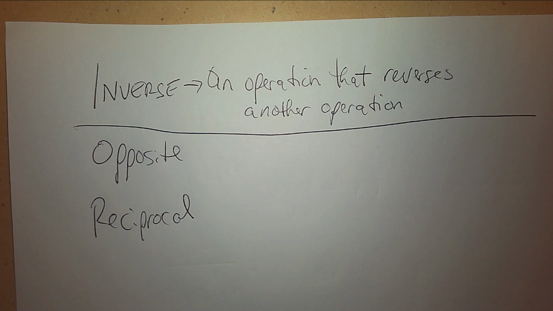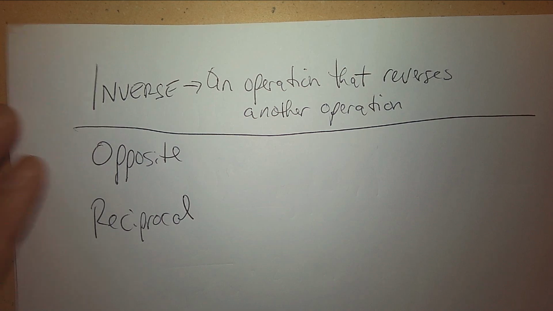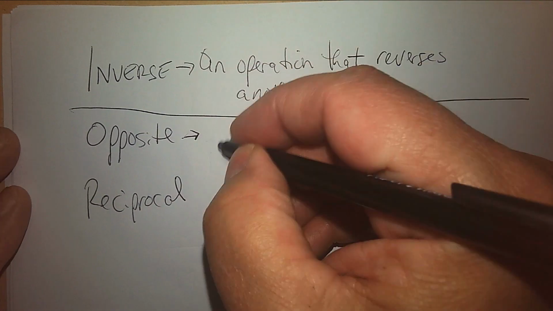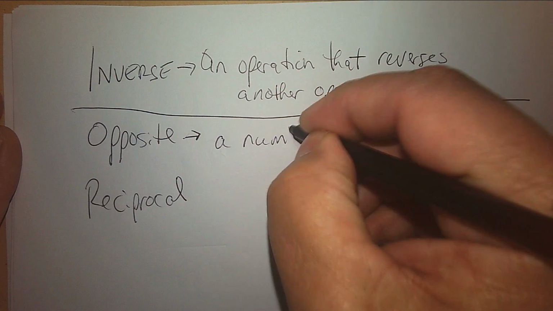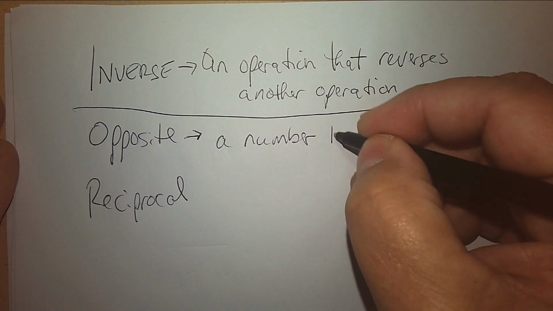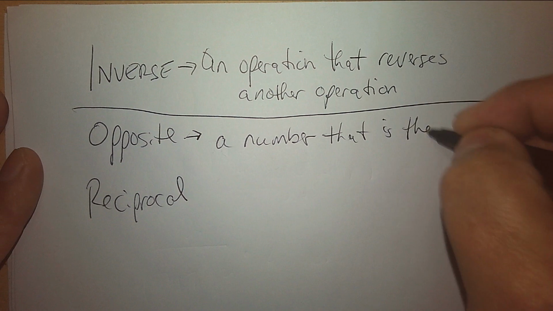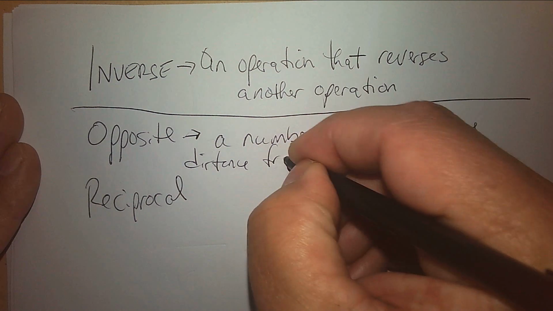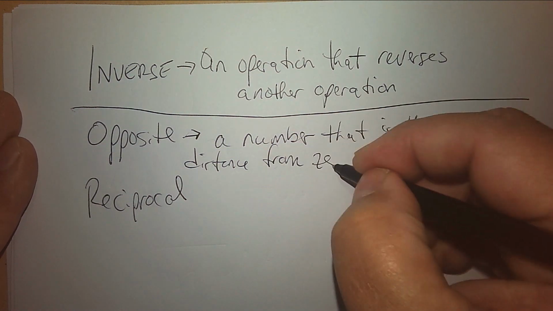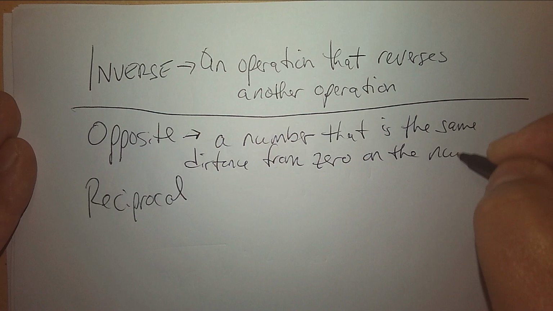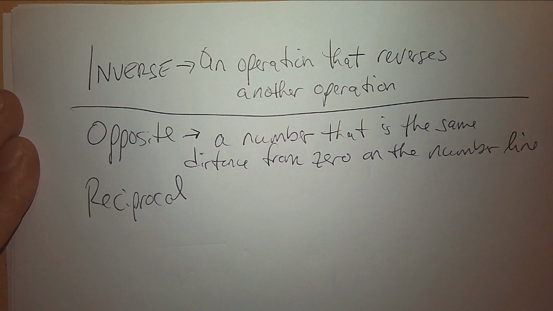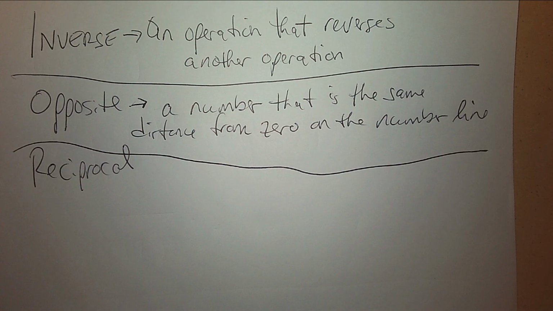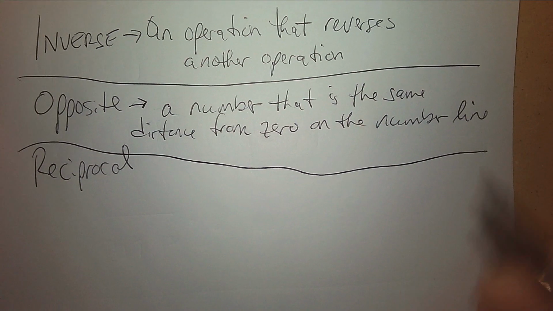What does the word opposite mean mathematically? Opposite is a number that is the same distance from 0 on the number line, but on the other side of 0.